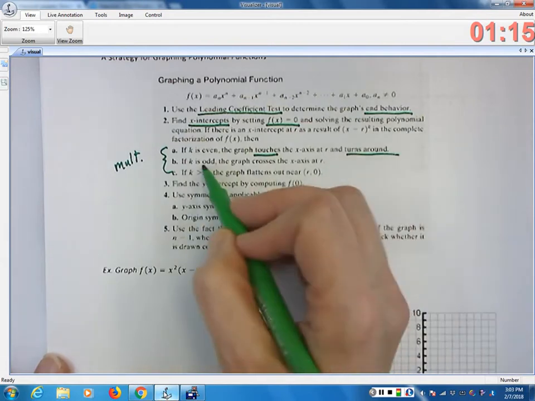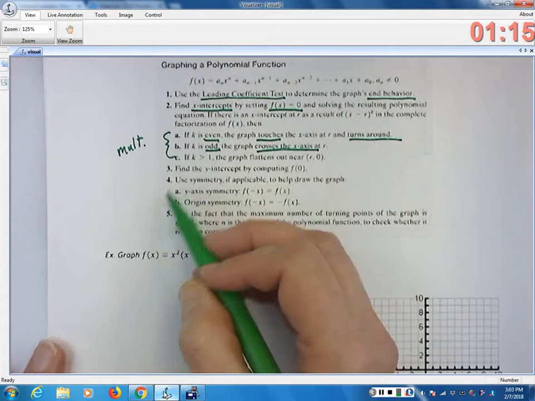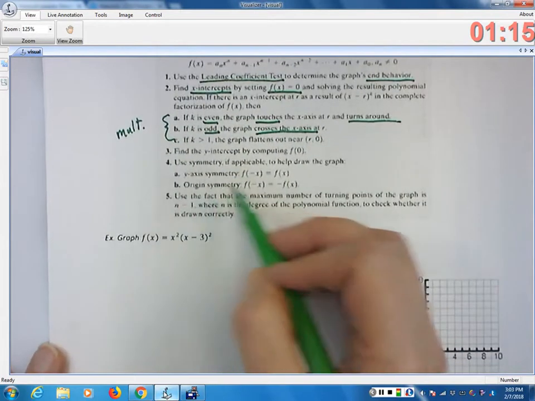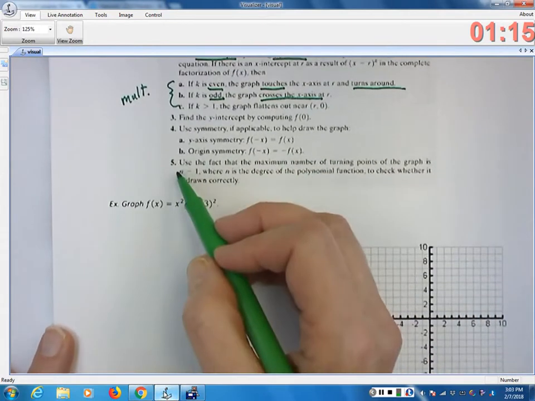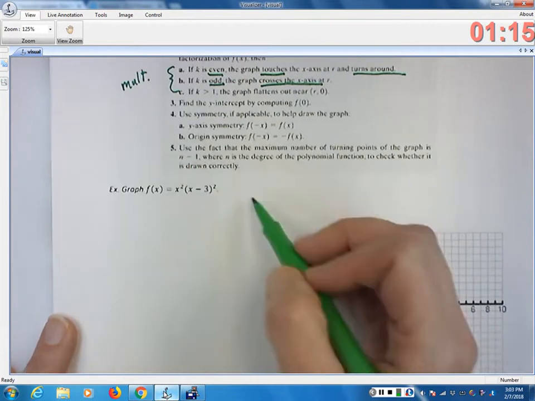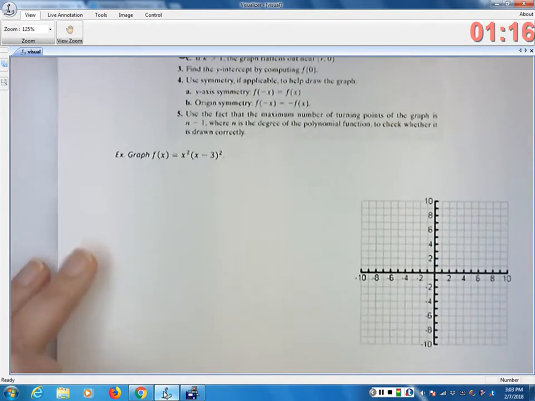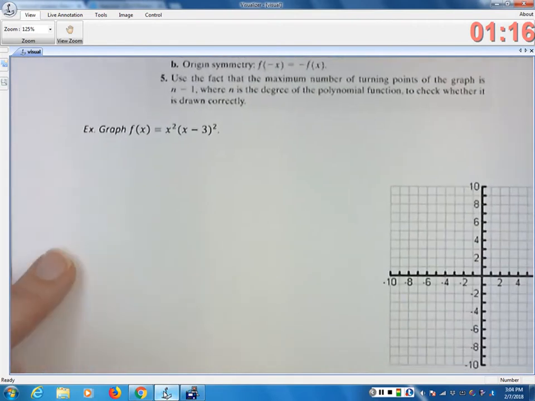If it's odd, it crosses the x-axis. And then we're going to find the y-intercept. We're going to use symmetry if applicable to help draw the graph. And then number 5, we're going to use the maximum number of turning points. So we're going to put it all together in graphing this without typing it in our calculator. Why don't we just put it in a calculator? We can check it with a calculator.